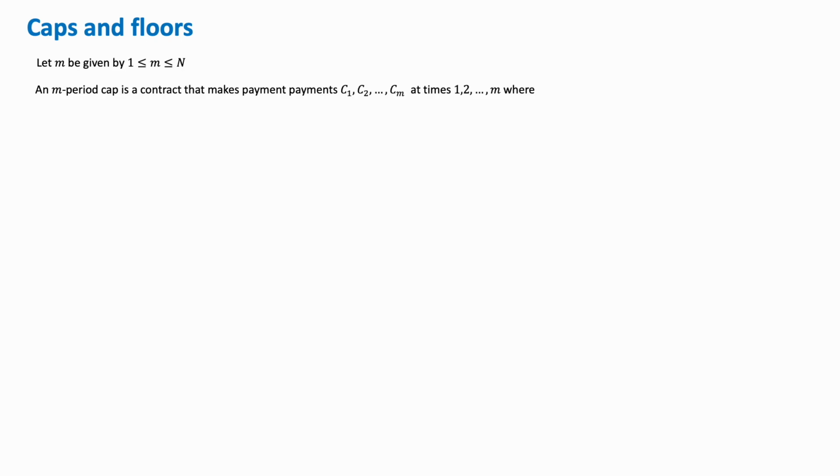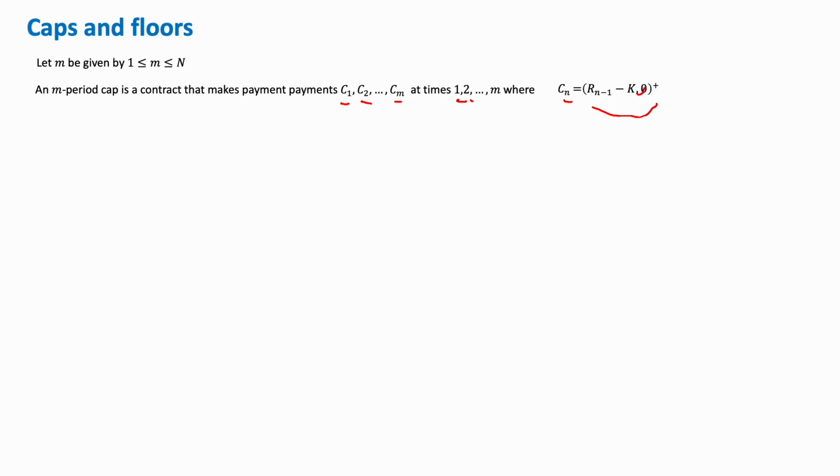So let's talk about caps and floors. Very similar to caplets, the cap is a contract that makes payments C_1, C_2, up to C_m. So it will have many payments at times 1, 2, up to time m. For each time period n, we're paying this amount here.